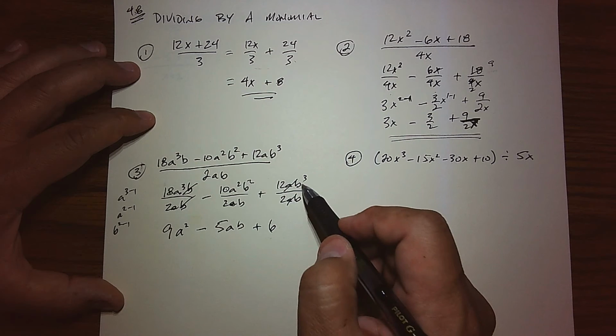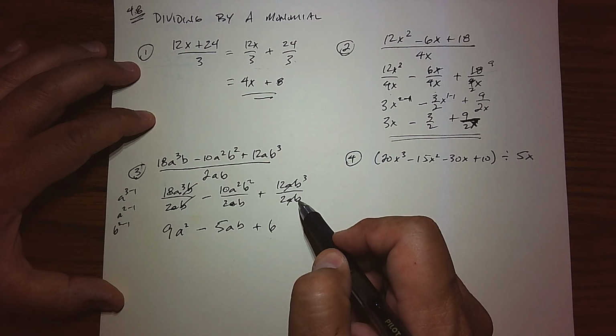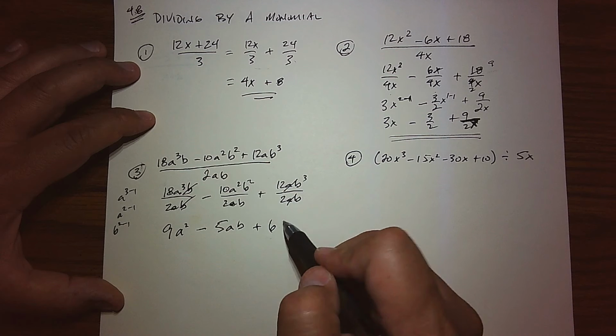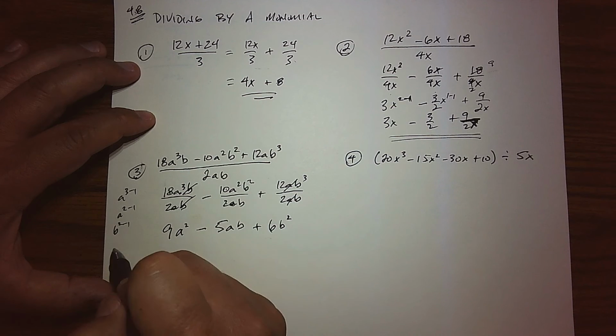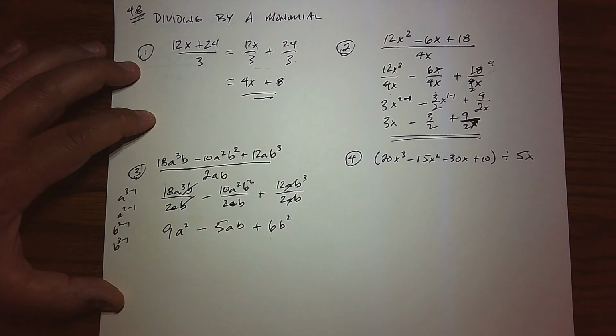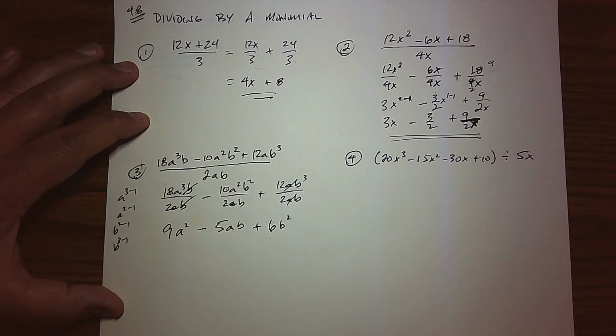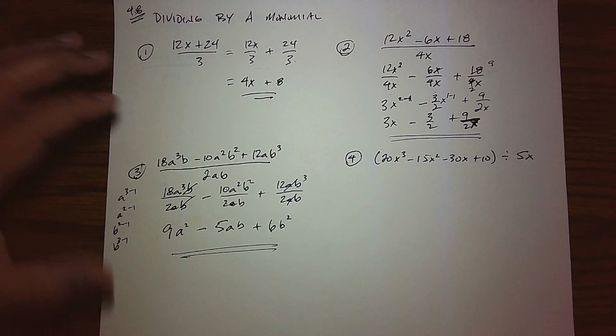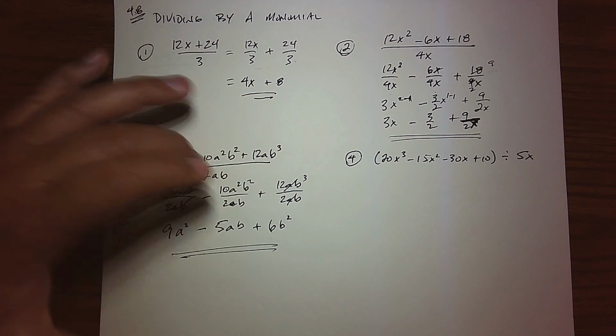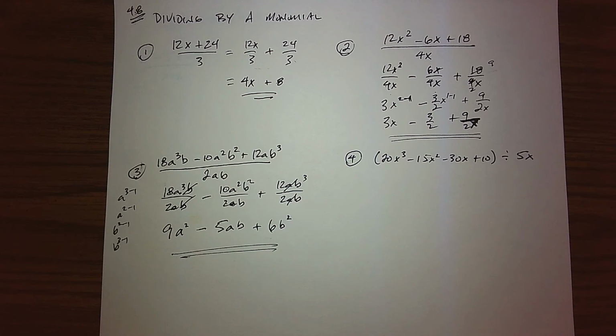The a's divide out. I have a b cubed divided by b, so there's 1 b and 3 upstairs, so we're left with b squared. Or if you wanted to use the quotient rule, that's b to the 3 minus 1, which is b squared. And so there is basically the quotient for that fraction.